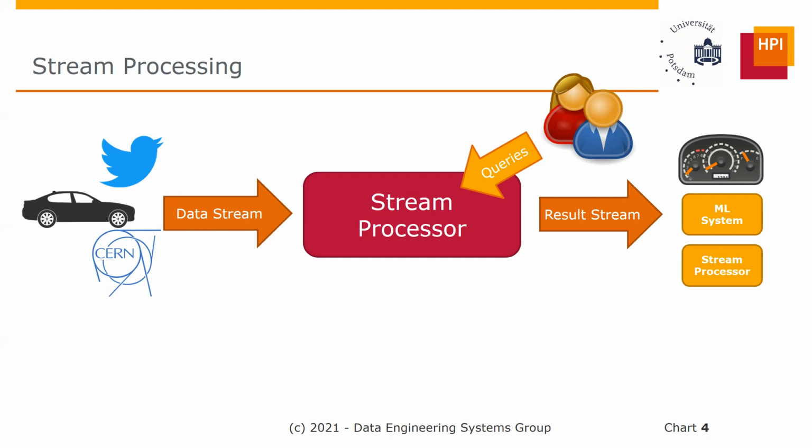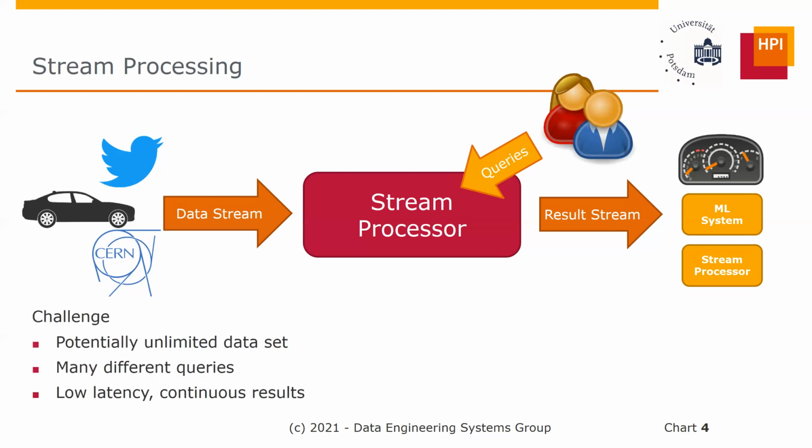So I have to send this data stream into a stream processor. I pose certain questions to it, and then I get a result. And the result is also continuous. So it's not one result, it's not 5 or 42. It's a series of results. And that will then go into a machine learning system, into a dashboard, or into another stream processor. Or we might even store it, of course.